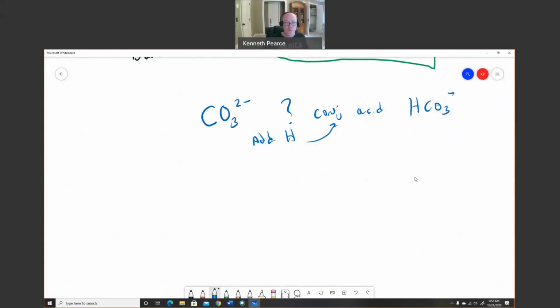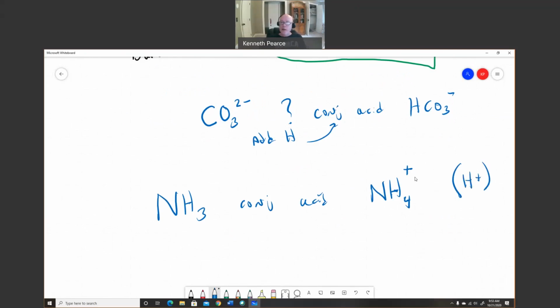Let's say that we have NH3, ammonia, and I want to know what's the conjugate acid. Just add another hydrogen. But you also have to make sure you're adding H+, so that's going to be not just NH4, but NH4+, because after all, we're adding or taking away H pluses. Similarly up here with the carbonate, you see how it was 2 minus, now we have minus. That's because you added a plus.